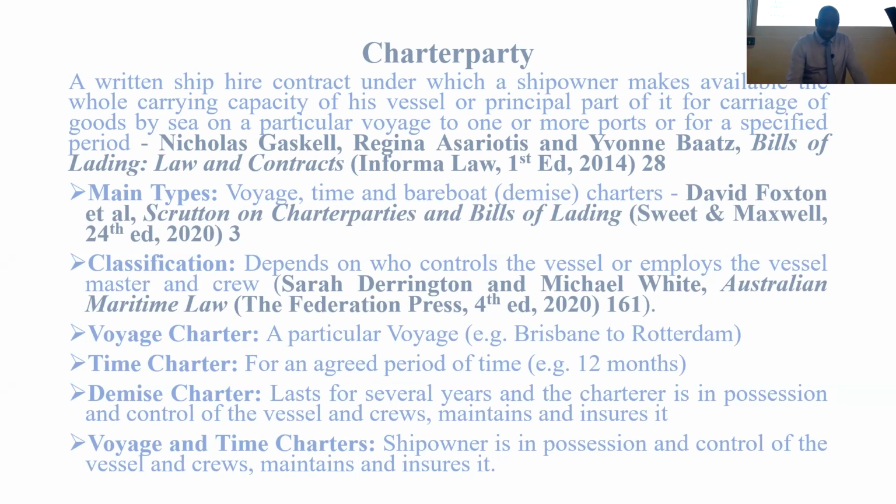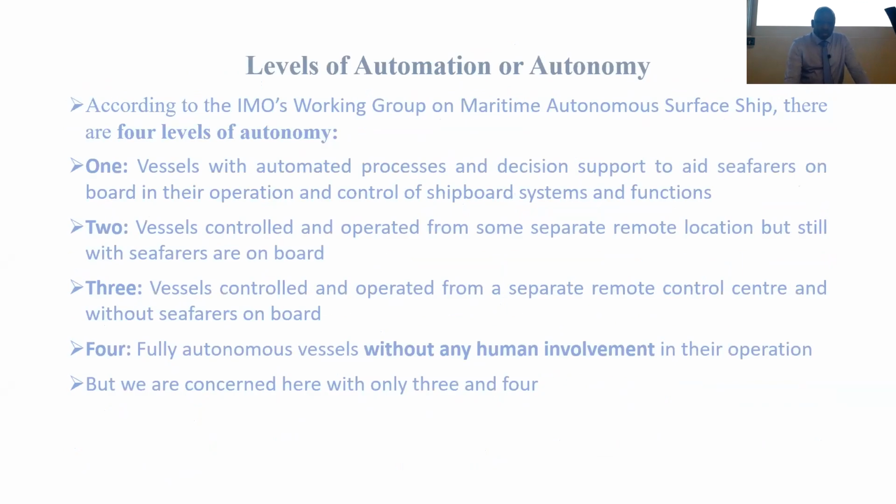And so there are 4 levels of autonomy. The first level doesn't give rise to too many complexities, because the vessel is with automated processes and decision support, but you still have crew members on board.